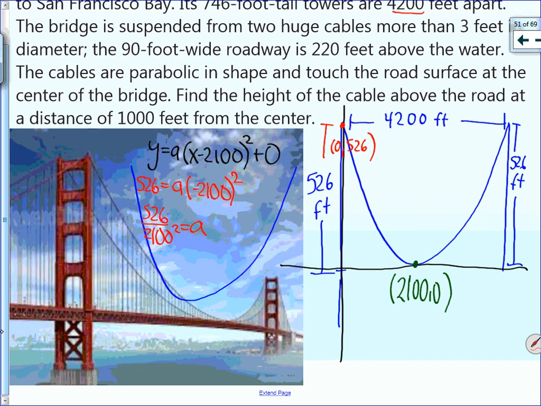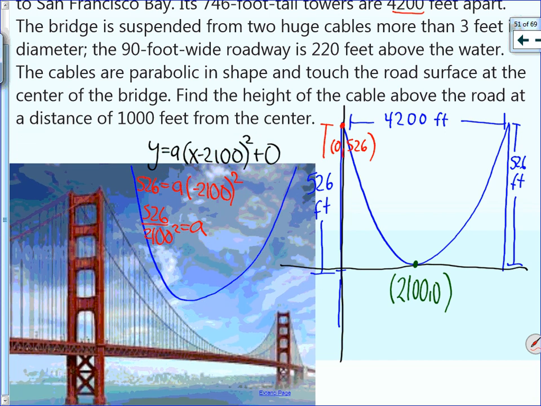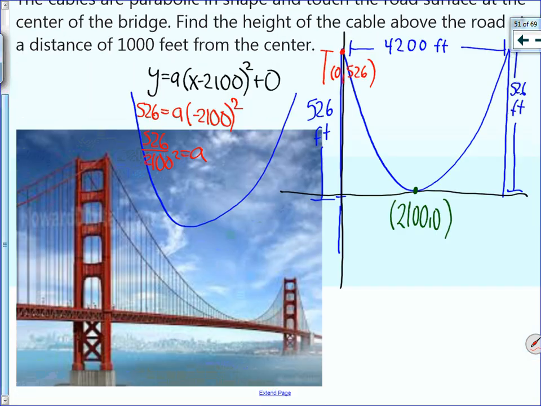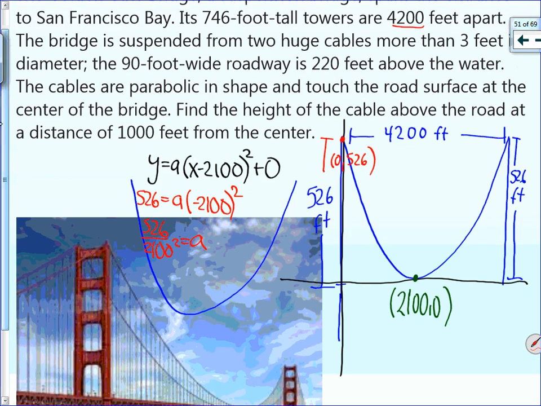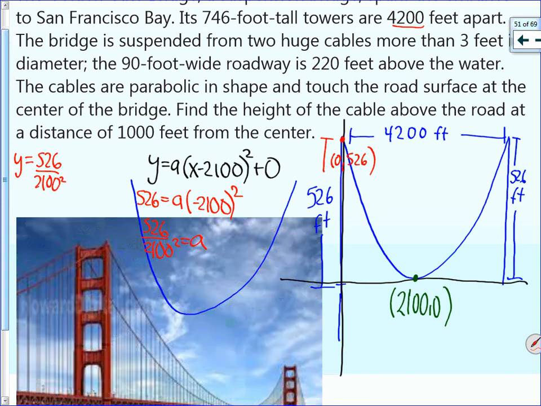I'm going to scooch my picture down a little bit. So y equals, there's my equation. I don't know what I'm boxing because I'm not done.